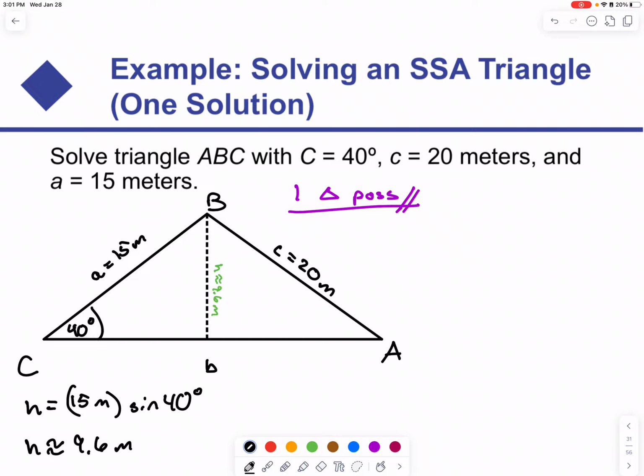So then we have angles A, B, and C for triangle ABC, and then we're going to have side A, side B, and side C. Now we have angle C is 40. Side C is 20 meters. Side A is 15 meters. Let's go ahead and try the law of sines to find angle A.